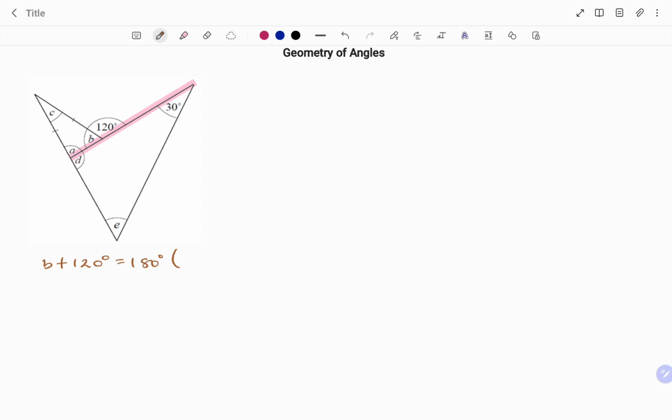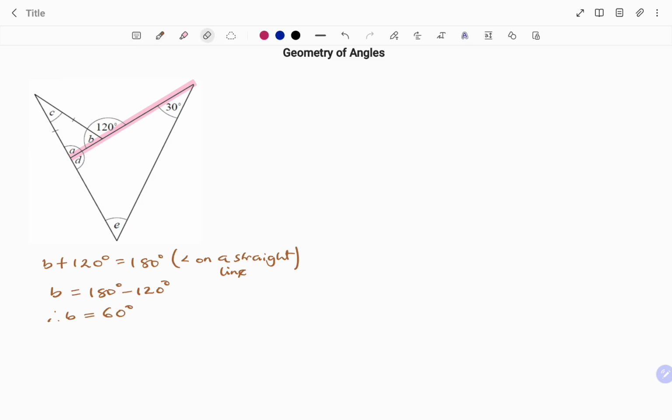The reason being the sum of angles on a straight line. Therefore, to find B, I'm going to subtract 120 from both sides. I have 180 minus 120 degrees. Therefore, the value of angle B equals 60 degrees.